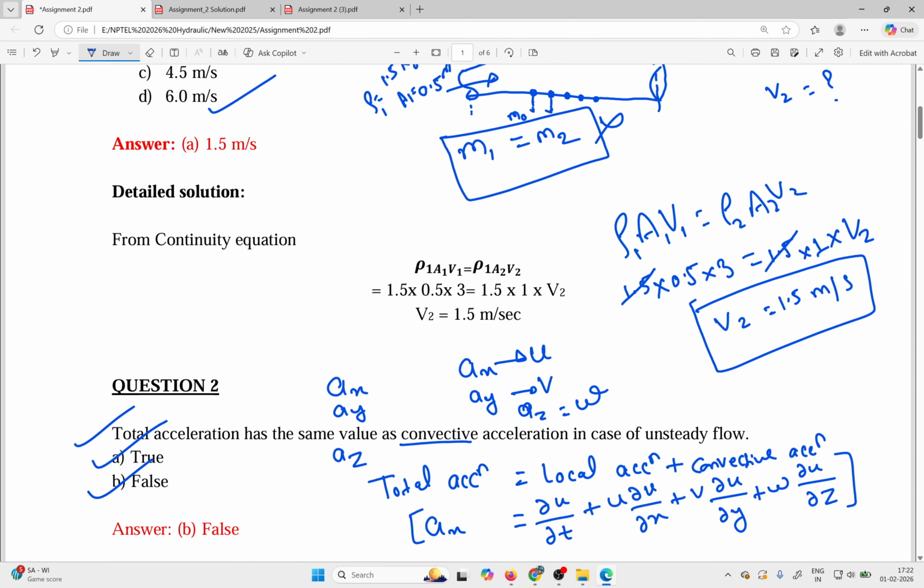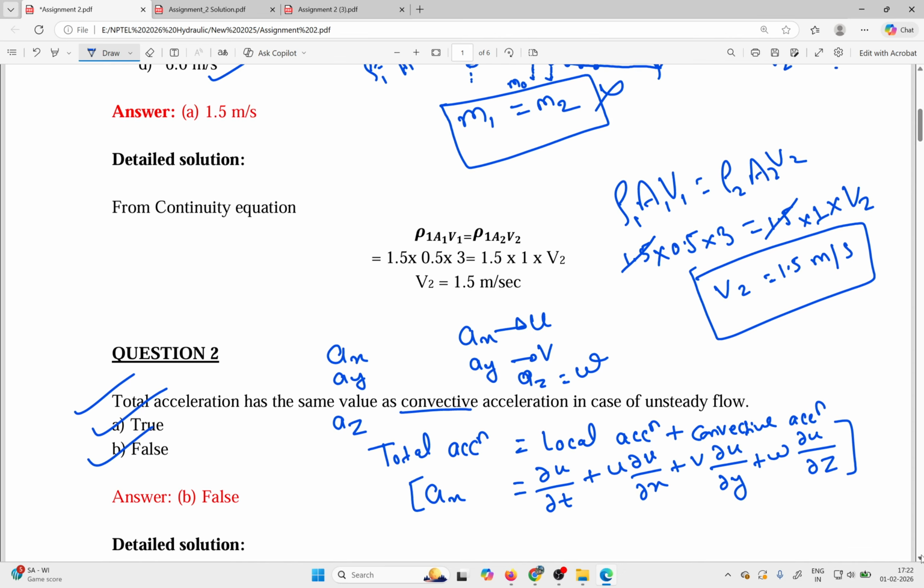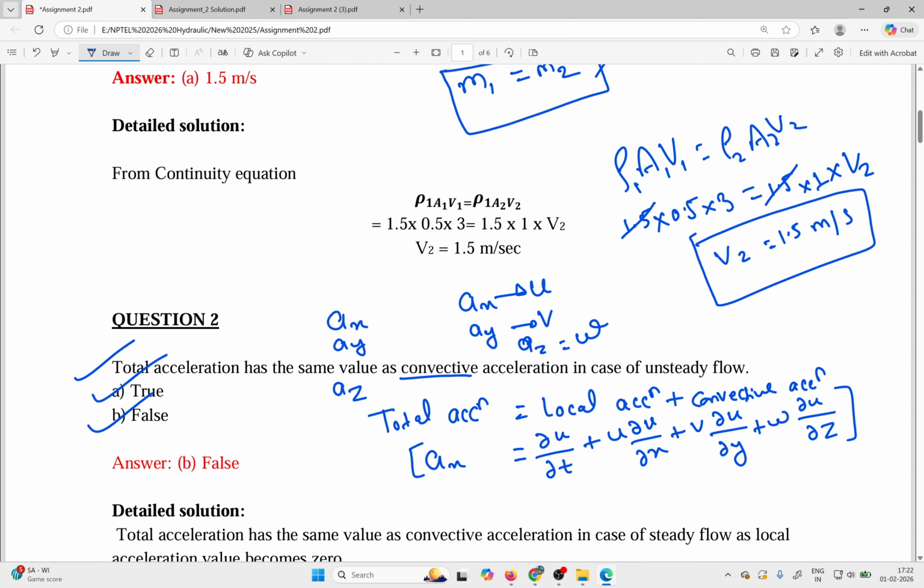Similarly, you can write in the y direction also. So in the y direction, because you have considered velocity v: del v by del t, and here it will be u del v by del x plus v del v by del y plus w del v by del z.